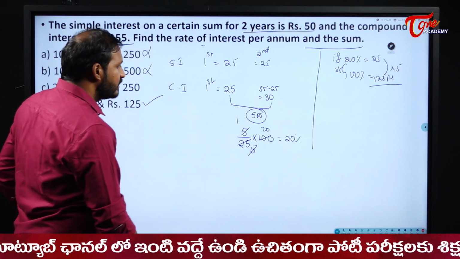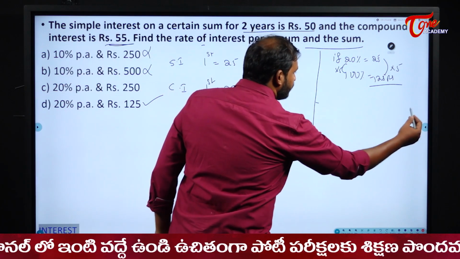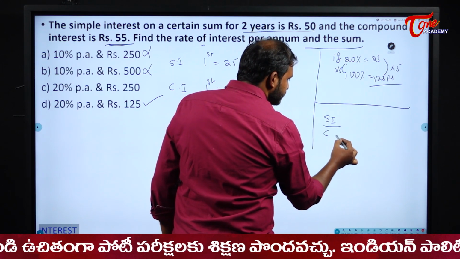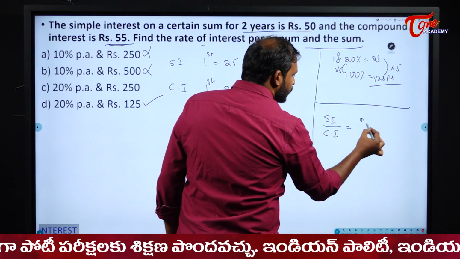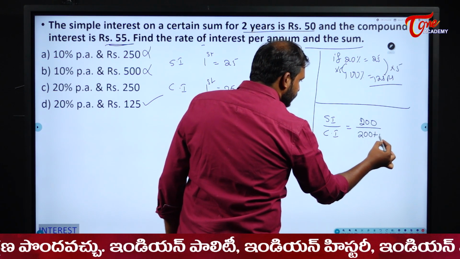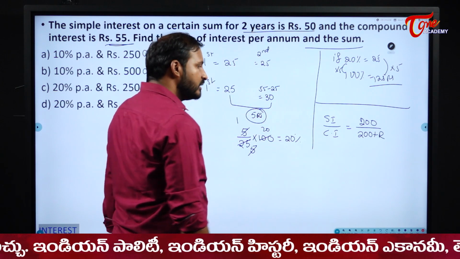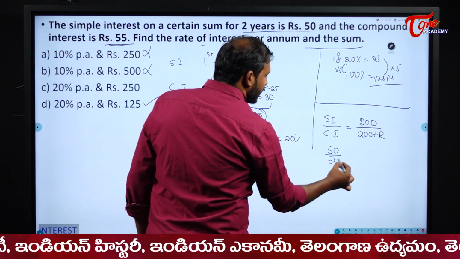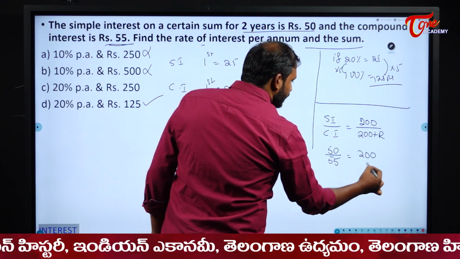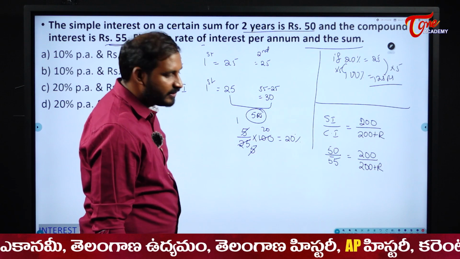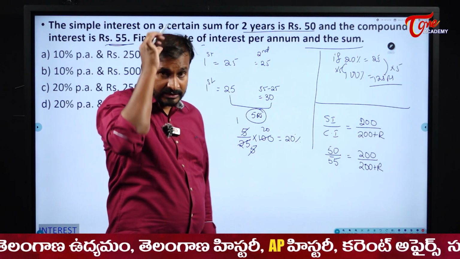Or else, sir, we can remember the formula: SI by CI is equal to 200 by 200 plus R. So SI is 50, CI is 55. That is equal to 200 by 200 plus R. Cross multiplied, you will get the answer.